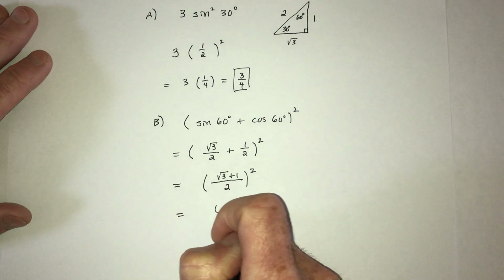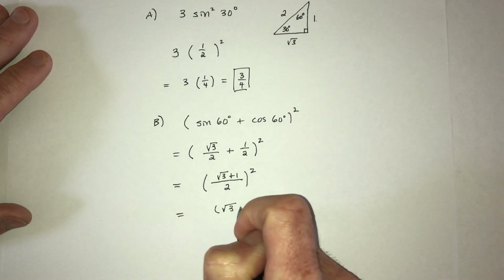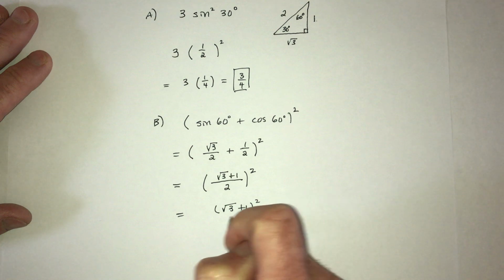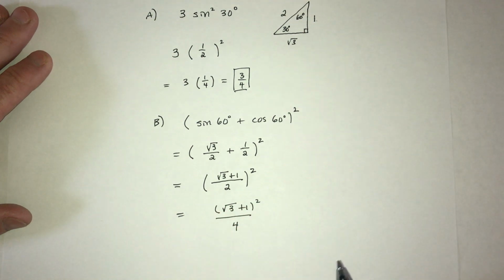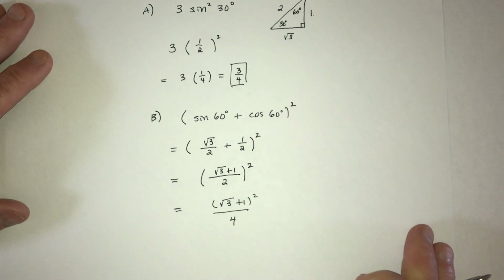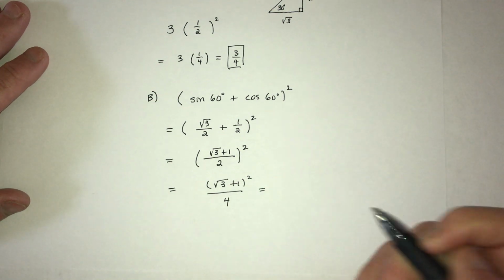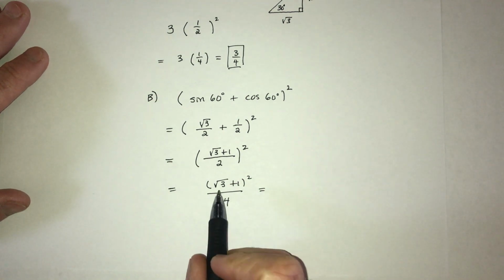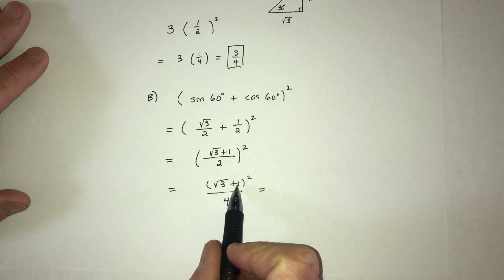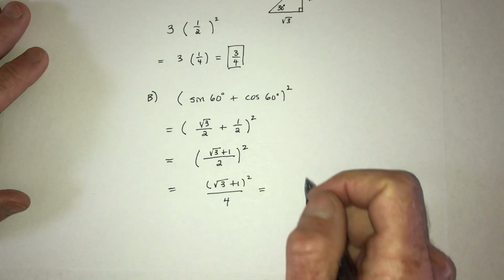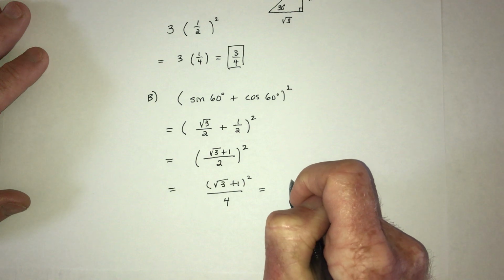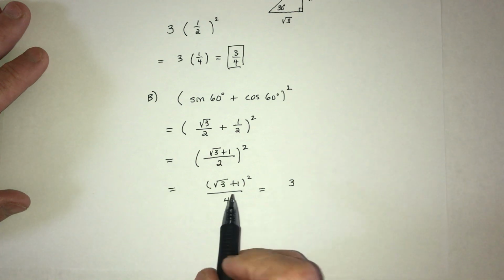So that means square the numerator and square the denominator. Now personally, I would just stop right there. But if you do need to multiply out the top, this is a binomial squared. That means you need to square the first thing. And the square of the square root of 3 is just 3.